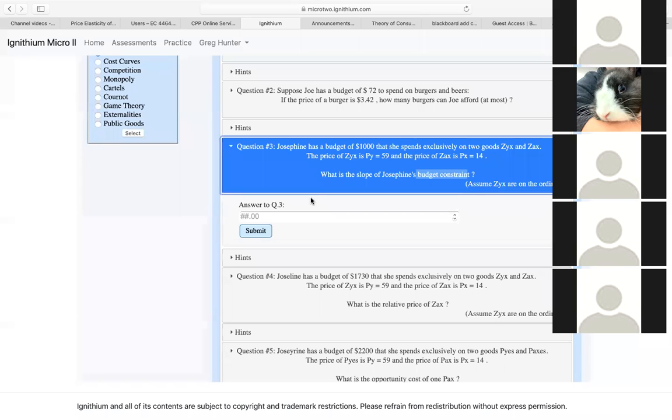Okay, and actually, I think that's a fine way to do it, and you should get the right answer as long as it's a straight line. You only need 2 points, and you have 2 points, right? You have these 2 extreme points to do the rise over run. So that's fine. And what about you, Hannah? Did you do anything different than that? No, I did something similar to that as well.